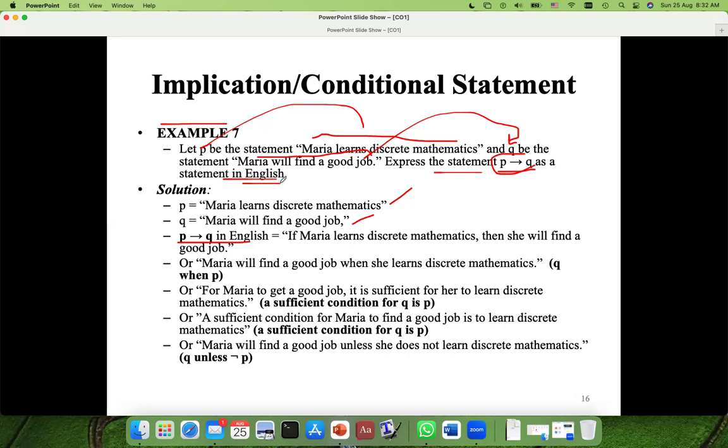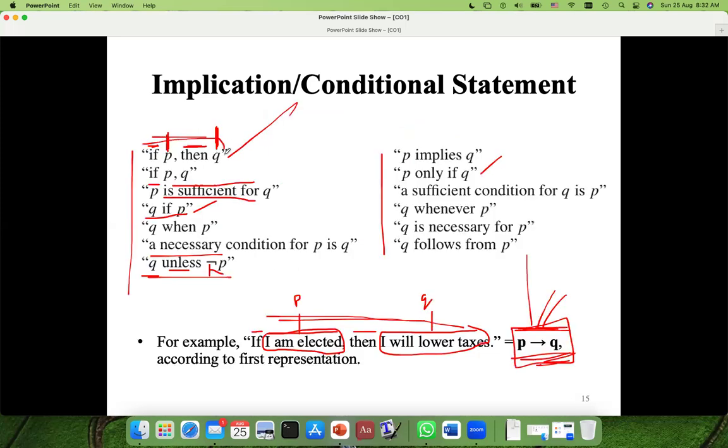If you know "if P, comma, then Q," the first easy thing in your mind, then you can put the statement of the P here and Q here, and then it would be in the form of P implies Q, because all these things are equal to P implies Q. So you need only one pattern from all that list, and then put the value of P and Q in that pattern, and you will have your P implies Q in English sentences.